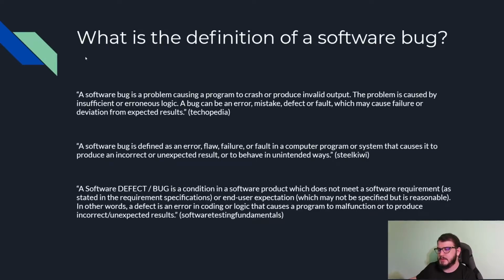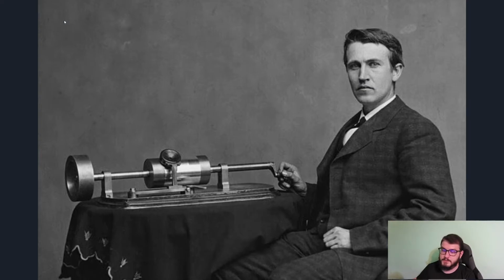Now, you are probably wondering, why is it called a bug? It's not like an actual insect appears on your screen. Well, I'm going to take you through a brief history of that terminology. One of the first adopters of the word bug was actually Thomas Edison, the inventor of the light bulb.